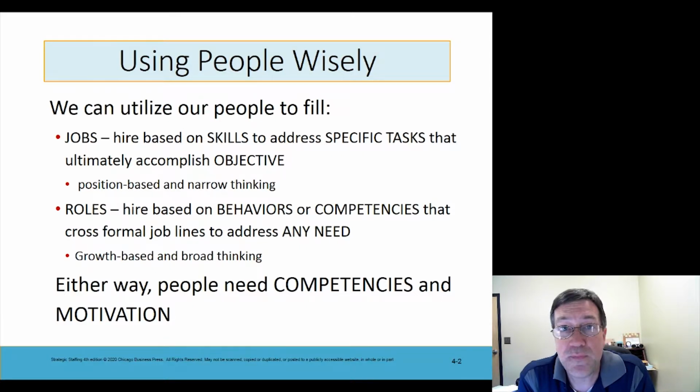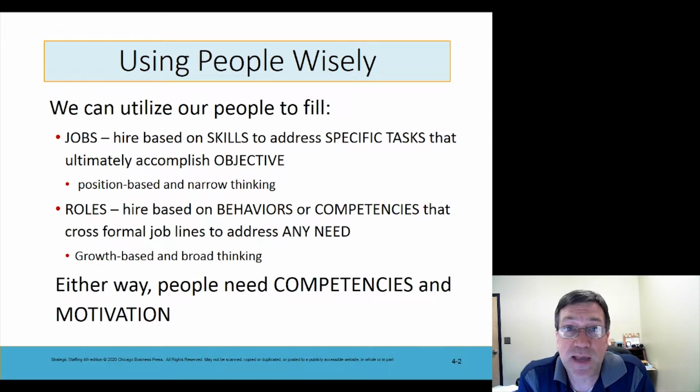And so they are hired not to fill a particular job, but to fill a role, because they have behaviors or competencies that can cross the boundaries and allow them to do pretty well at just about anything that we need. That needs to be what we look for.